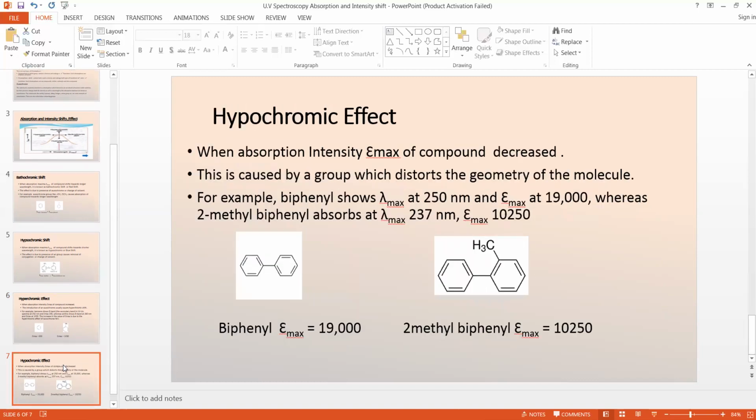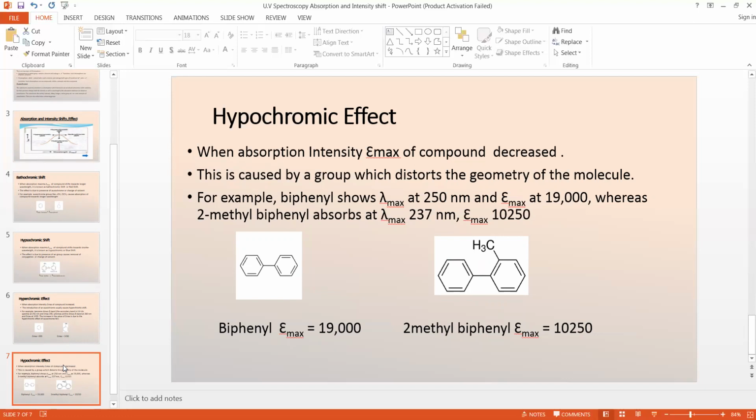And the last is hypochromic effect or shift. When the absorption intensity or intensity maxima of a compound decreases, then it is called hypochromic effect or shift. And this is caused by a group which distorts the geometry of the molecule. For example, you have seen two examples. One is biphenyl and the other is 2-methyl biphenyl.